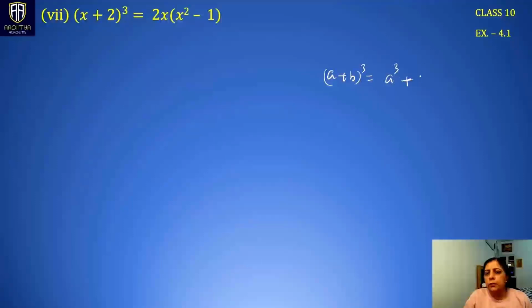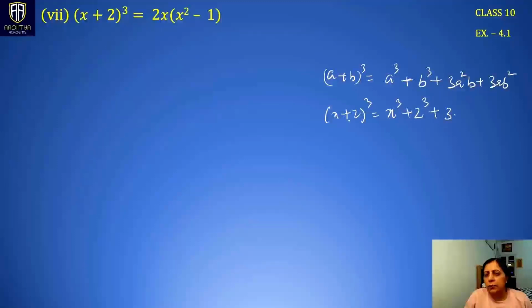So this is a cube plus b cube plus 3a square b plus 3ab square. So if we have x plus 2 whole cube, a is x and b is 2. So this is a cube, this is b cube.